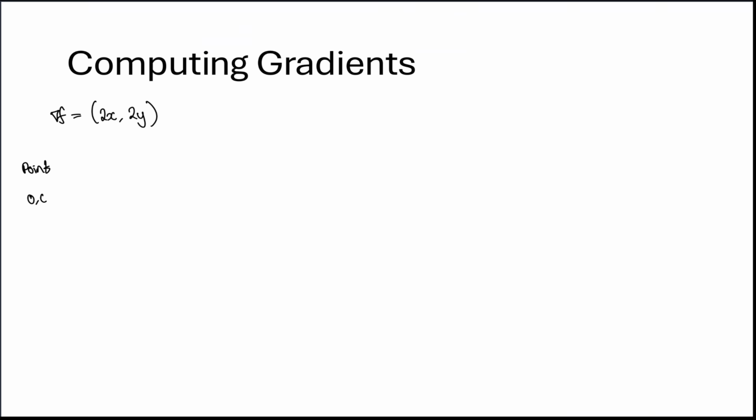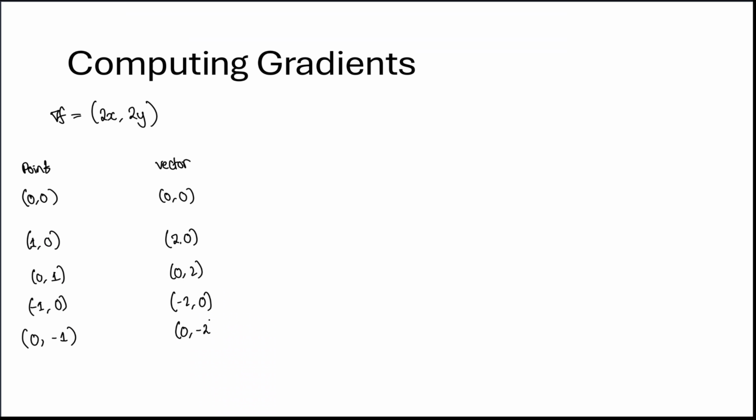For example, if we had 0, 0, this vector would churn out 0, 0. If we had 1, 0, this vector would churn out 2, 0. If we had 0, 1, this would churn out 0, 2. Cool. We would get this overall pattern.